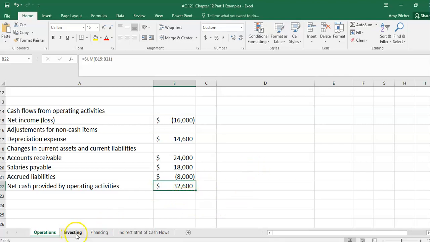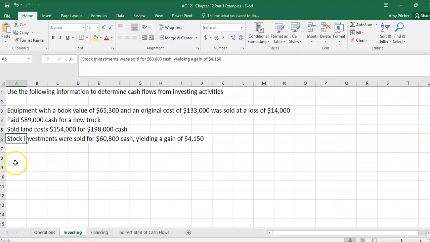Our next example, we're going to look at the investing section. The investing section is when we make investments in our organization. So our property, plant, equipment, and any other long-term assets. Other long-term assets can include intangible assets and stock investments that we purchase for our own investment purposes.